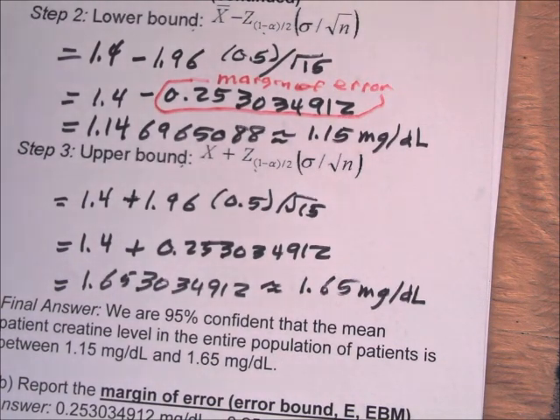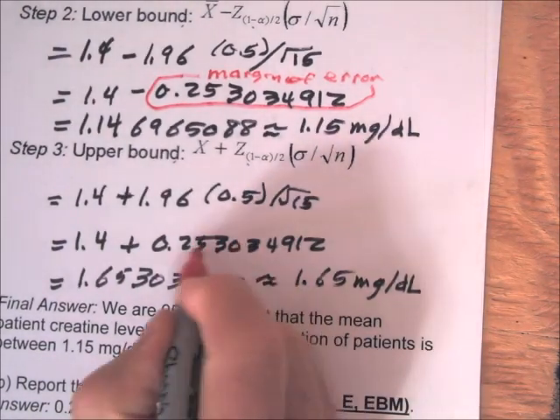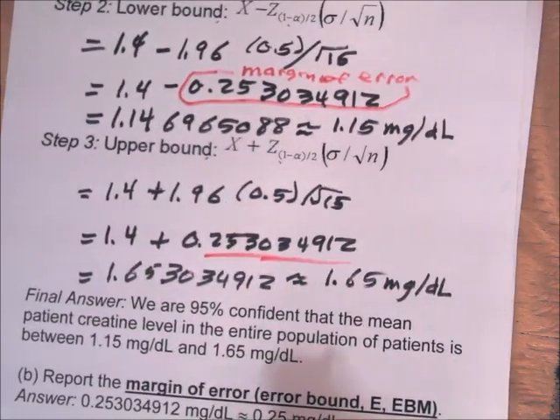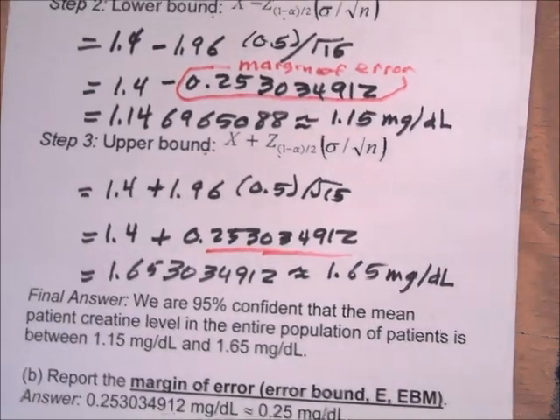Okay, and we see the same margin of error occurs here. This is the margin of error again, or the error bound.